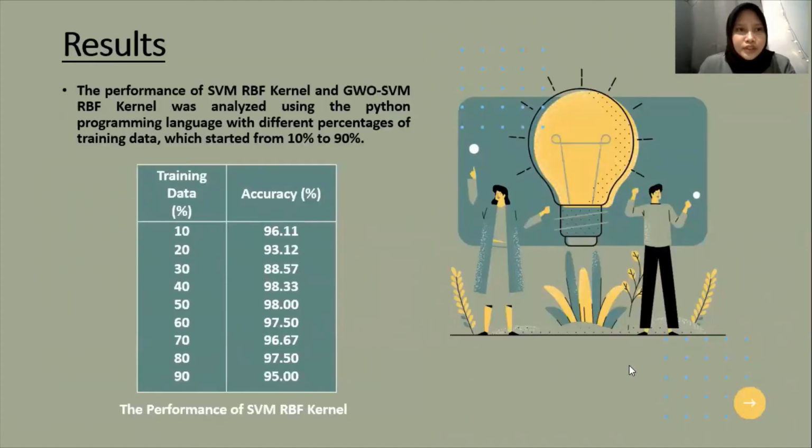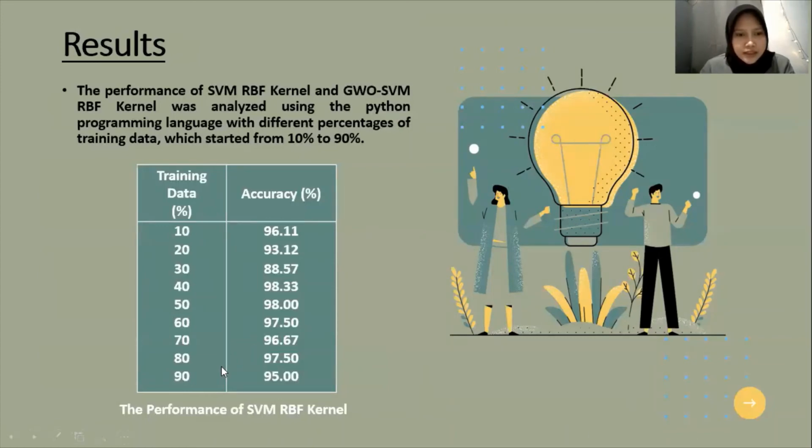And next, the results. Here are the results. The performance of SVM with RBF kernel and gray wolf optimization SVM with RBF kernel was analyzed using the Python programming language with different percentages of training data, which start from 10% to 90%.